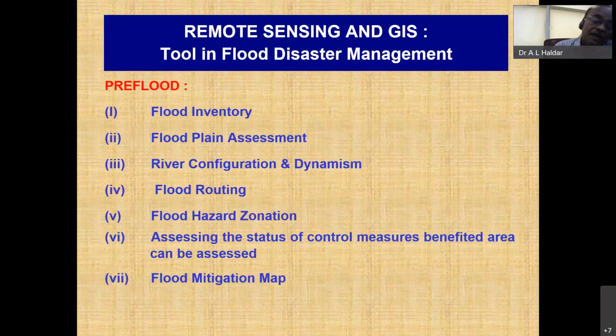That's why it is happening. We should also think of flood routing. If flood routing is not there, then for days, even months together, flood water will be stacked up. During the pre-flood period, we should think of flood routing. We should prepare a flood evaluation map and a flood mitigation map also.